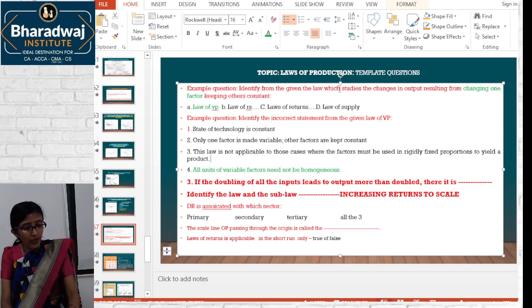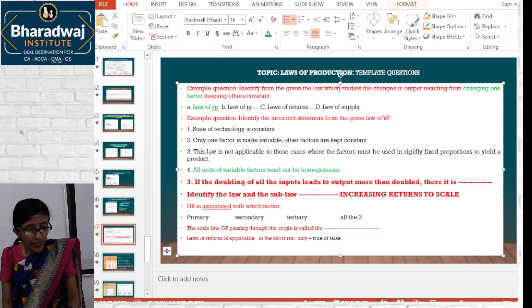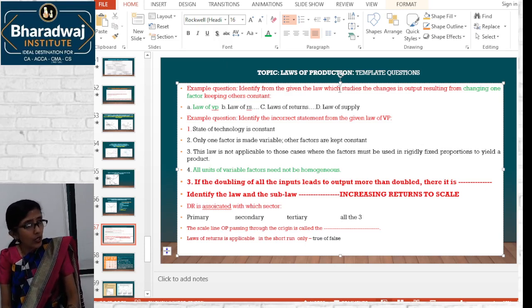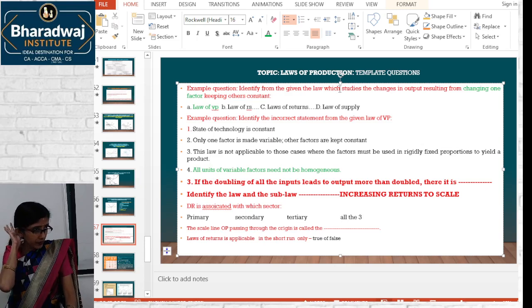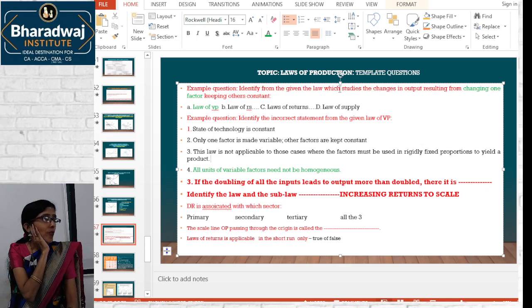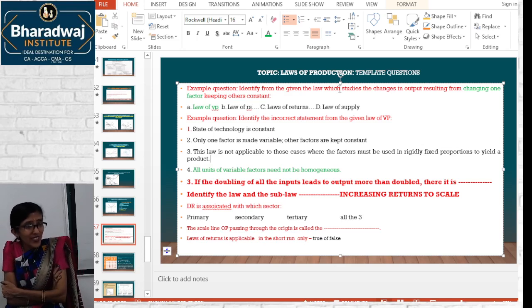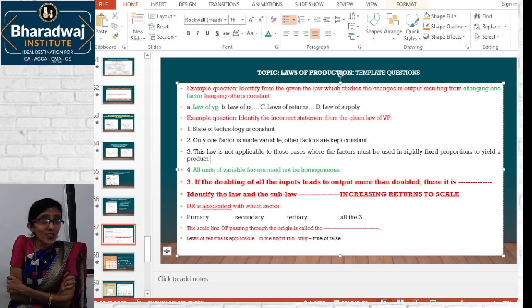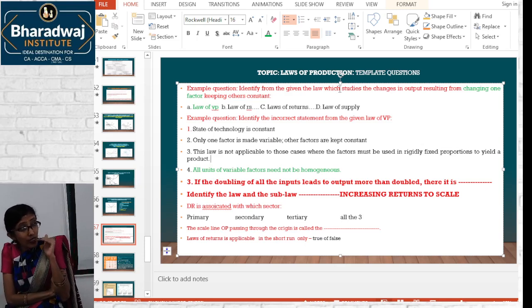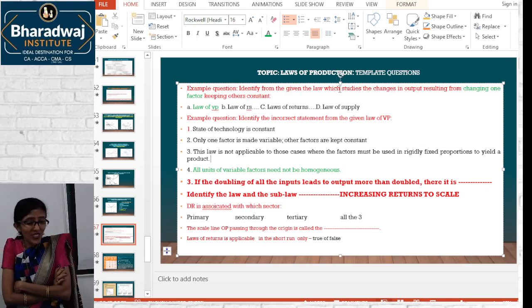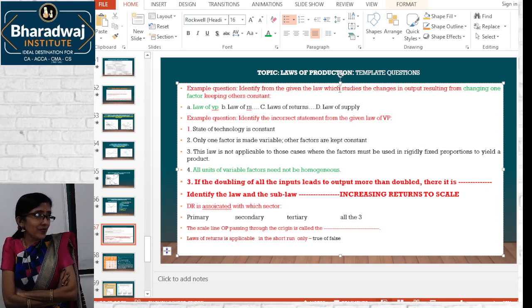Now, diminishing returns is associated with which sector? Primary, secondary, tertiary, all the three. I think I gave you increasing returns, constant returns. All the three returns are associated with a particular sector or industry, which I told you in class.